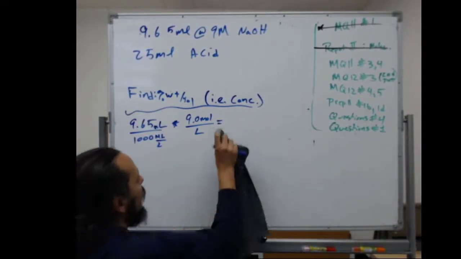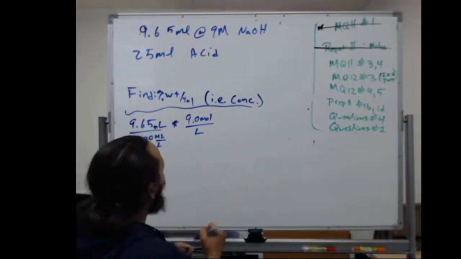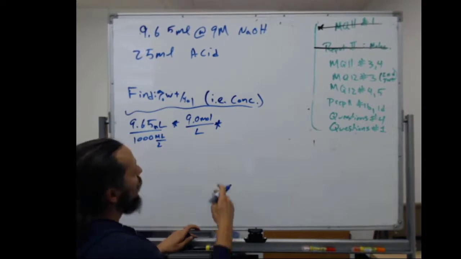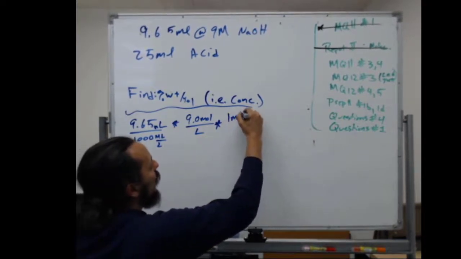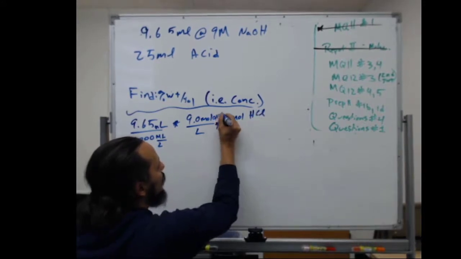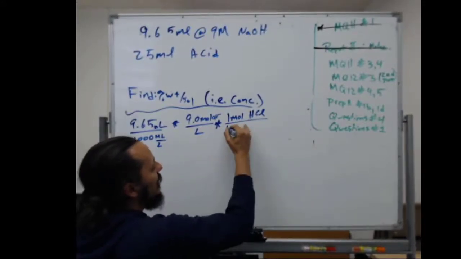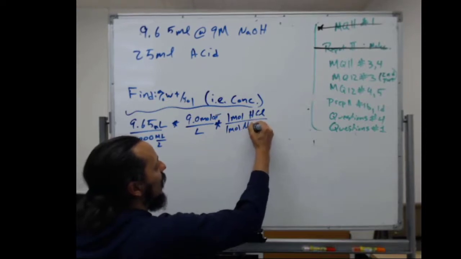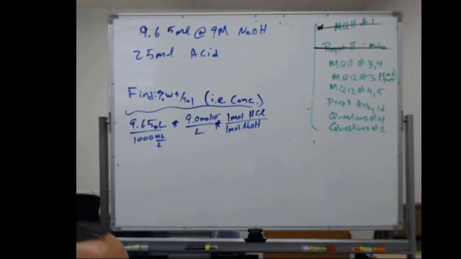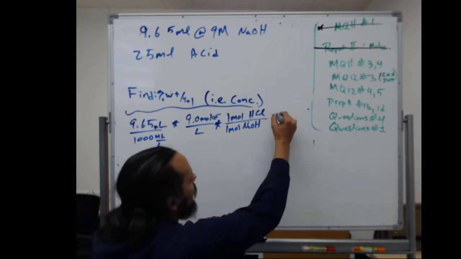I'm feeling pretty eager, so I'm going to put in our conversion step as well, which is going to be 1 mole of HCl. I should put specifically OH minus there. 1 mole of HCl for every 1 mole NaOH. That 1-to-1 ratio is really important. And that will get us our moles of HCl.